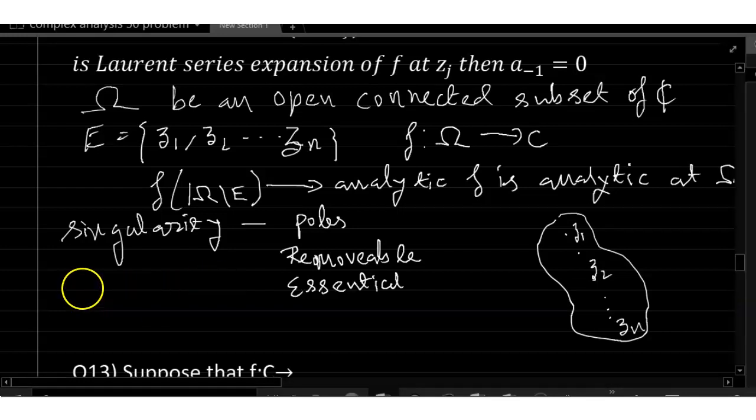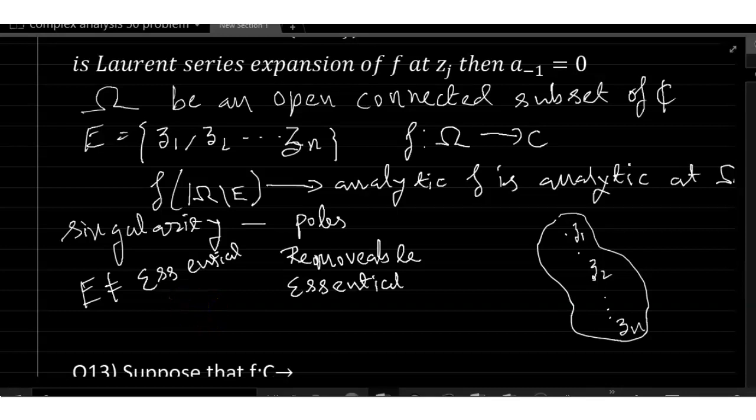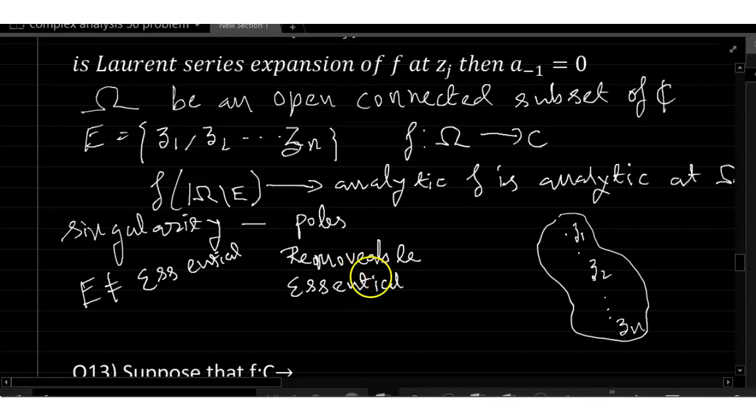E does not equal essential singularity. If essential, then the Laurent series, you can get any finite point, you get infinite. So the possibility, does not equal essential, so the possibility is poles or removable. Two possibilities.